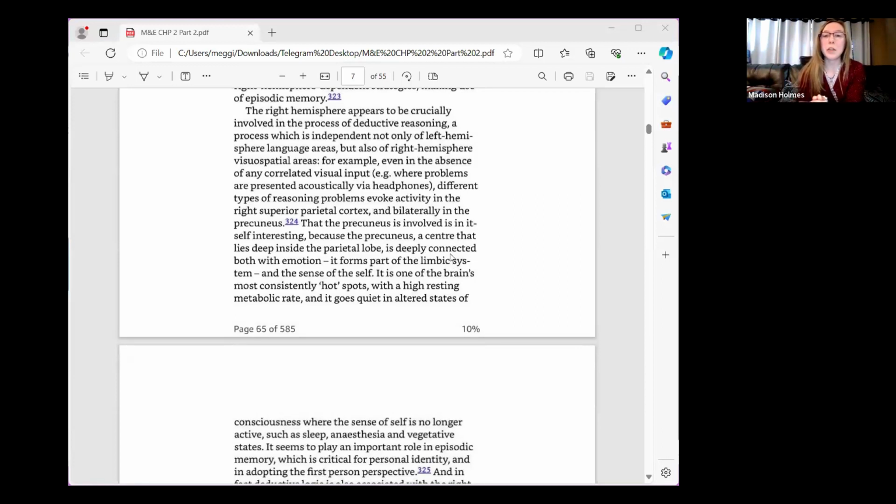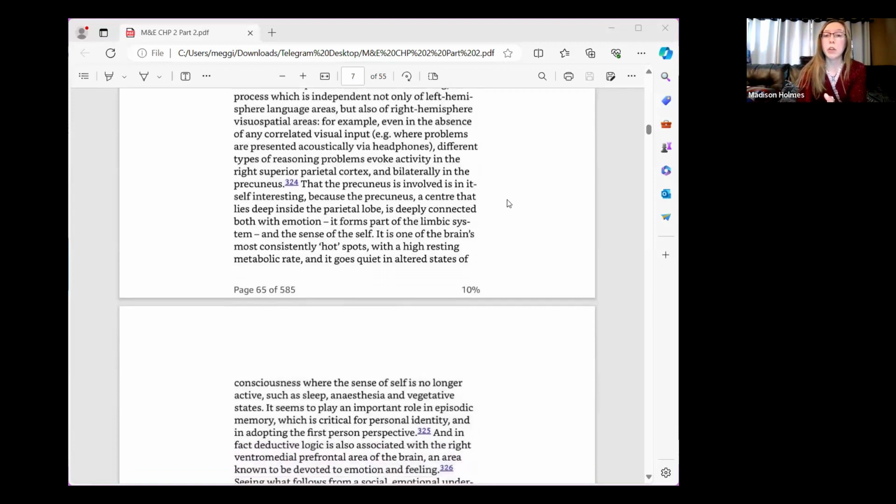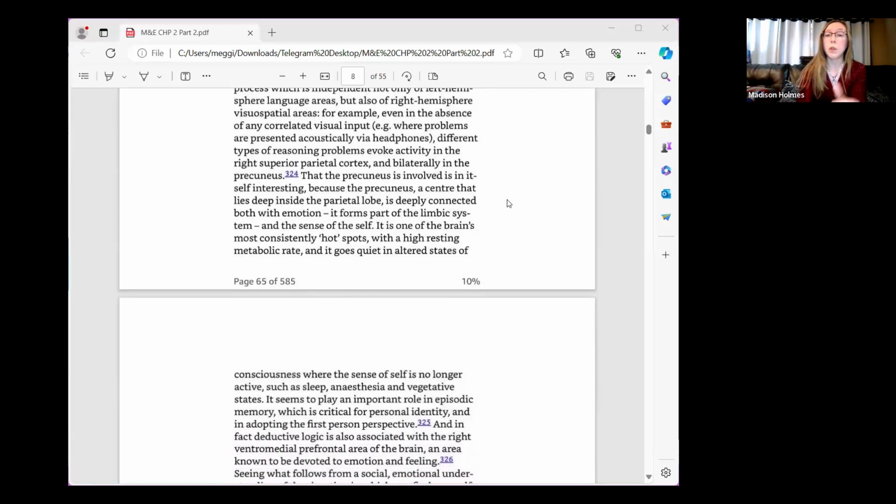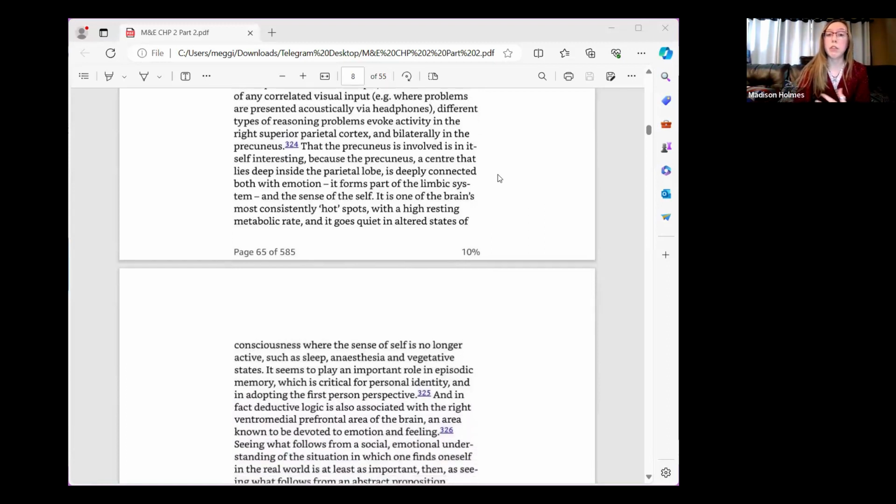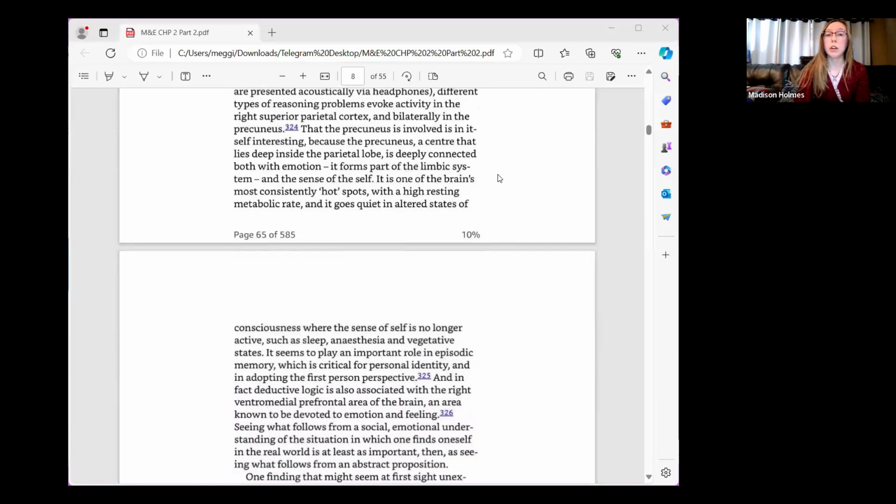The right hemisphere appears to be crucially involved in the process of deductive reasoning, a process which is independent not only of left hemisphere language areas, but also of right hemisphere visuospatial areas. For example, even in the absence of any correlated visual input, where problems are presented acoustically via headphones, different types of reasoning problems evoke activity in the right superior parietal cortex and bilaterally in the precuneus.